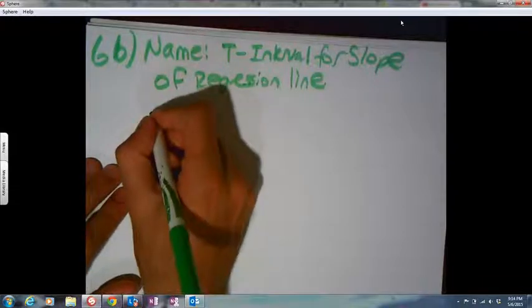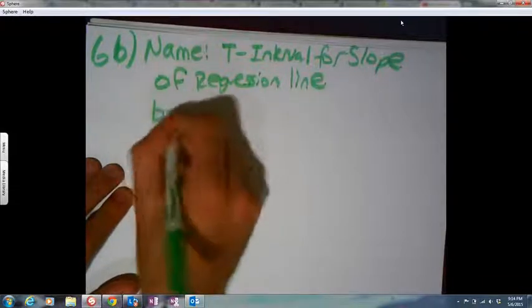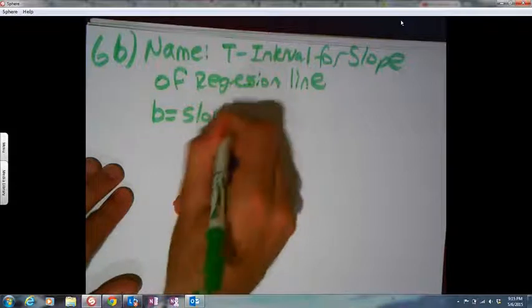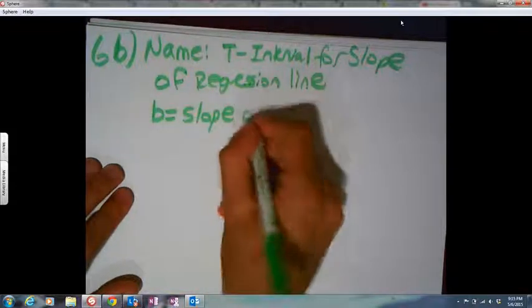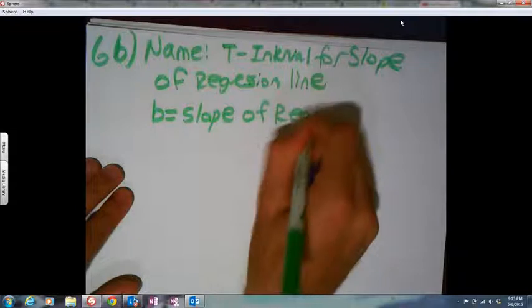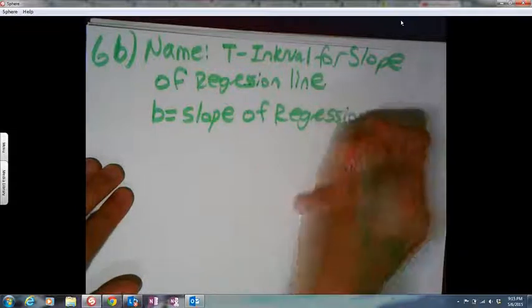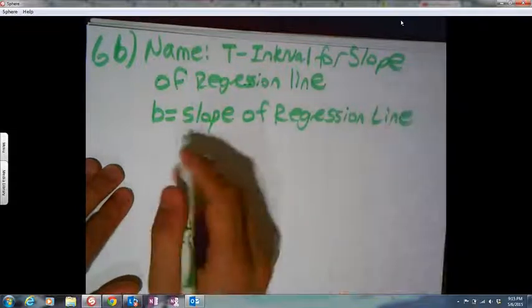Remember, the confidence interval is going to be talking about b, where b is the slope. You can put beta if you want, doesn't really matter. Slope of the regression line. No need for hypothesis because this is a confidence interval.